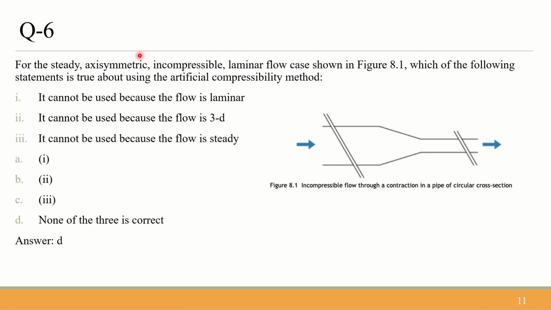In fact, it can be used for steady state problems, because this additional term we are introducing would go in terms of variation with time only.